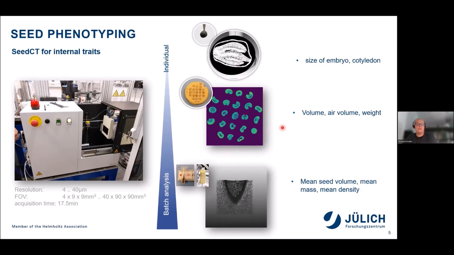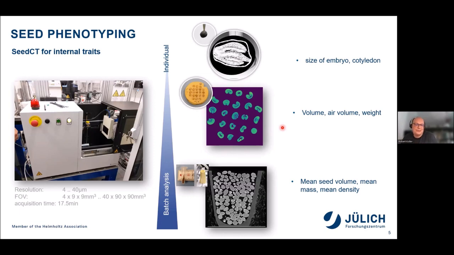Or also, and this is our current approach, to scan different batches of seeds. This is actually Arabidopsis seeds, so really small seeds where our system is at its limit, and then compare different batches of seeds and then go to more individual analysis of seeds within these kinds of populations or within the batch distribution.